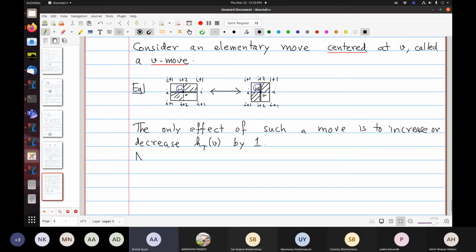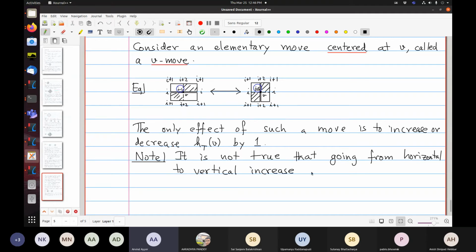So there is a subtlety here, which is that it is not true. So yeah, okay, let me finish writing and then explain why I made this remark. That going from horizontal to vertical increases h_t of v, or rather always.